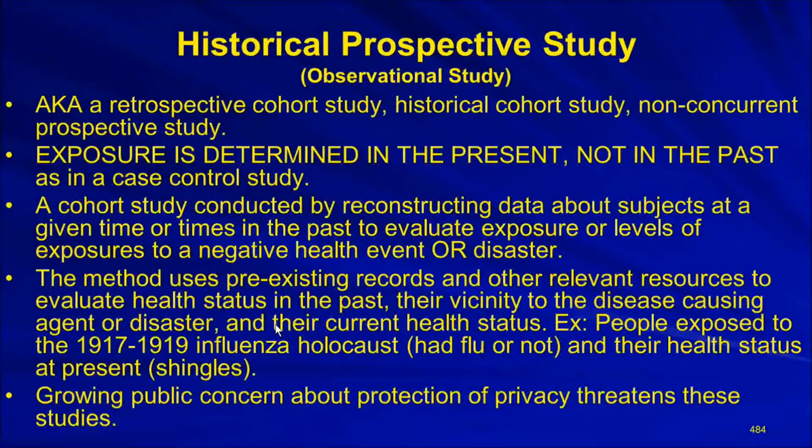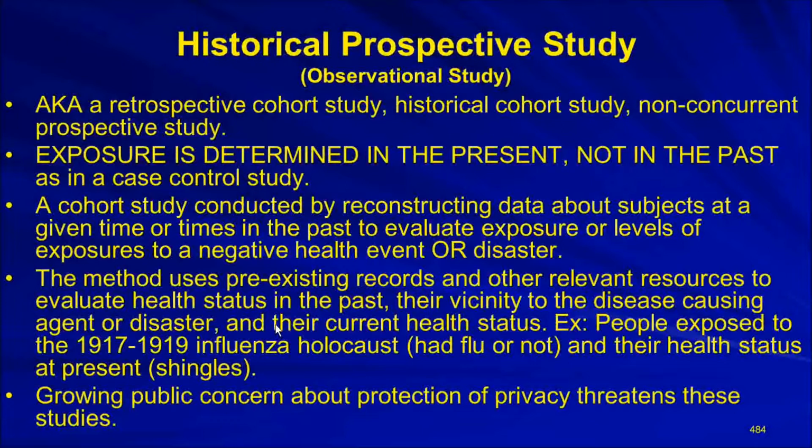For example, I think it's important to know that people in 1917 through 1919 had influenza, and as a result of that influenza, they had shingles. So that was a connection that we had noted between influenza and shingles. Okay, that covers really what I want to say about historical prospective studies.